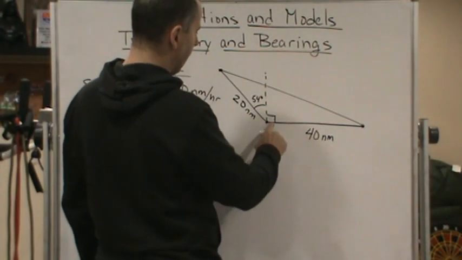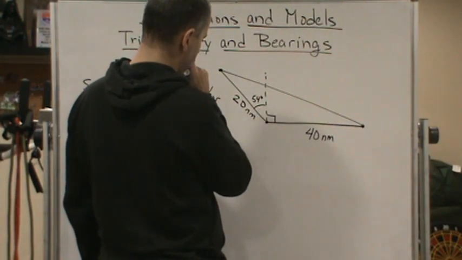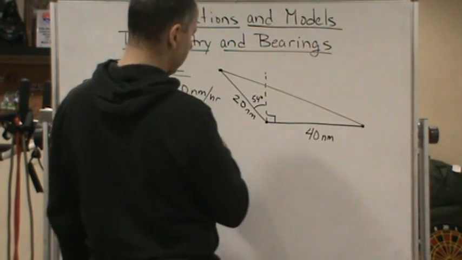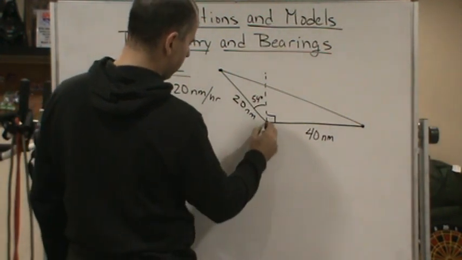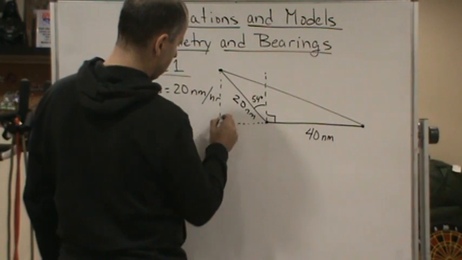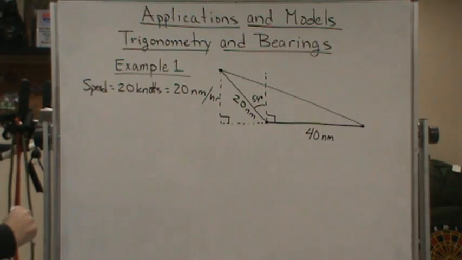We can figure out, we got this right triangle, but we also can make another right triangle here. Let's extend this out. Okay. So we got another right triangle there.